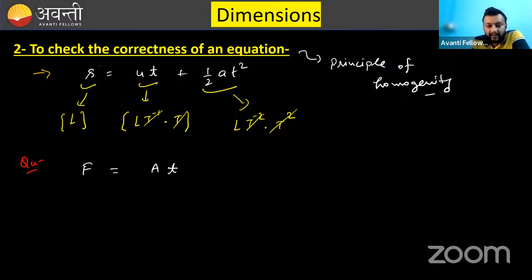Where T is the time, A is a quantity. So the question says find the dimension of A. Answer quickly. F is the force, T is the time, A is some physical quantity. So find the dimension of A.